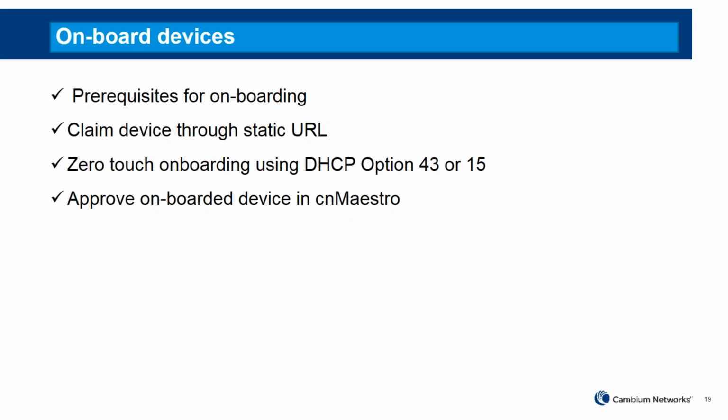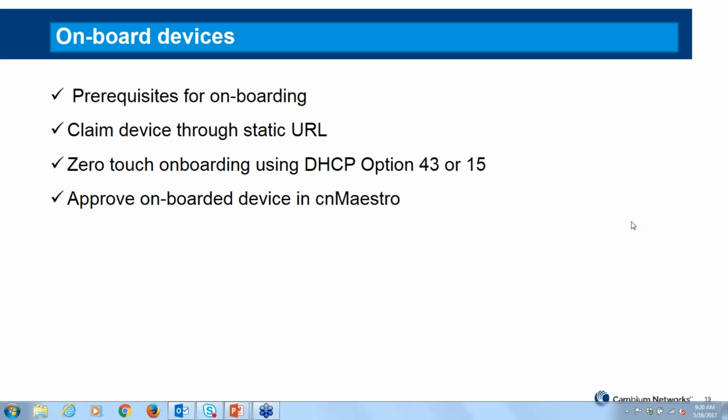So, there are various ways to onboard a cnReach device to our cnMaestro. First, a little bit about how you can create the NOC on your laptop or anywhere for testing purposes. We have a release of an OVA file, version 2.0.0.